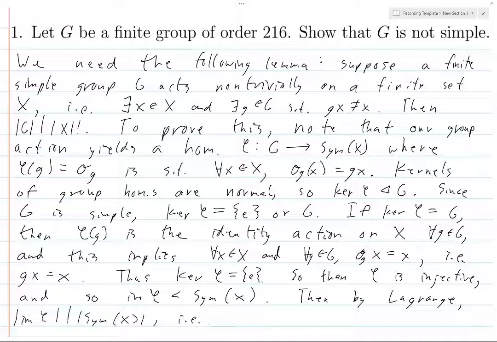Yes. Well, injectivity tells us that G is isomorphic to its image, because that holds whenever we have an injection. Because if you're injecting, then it's just, yeah.